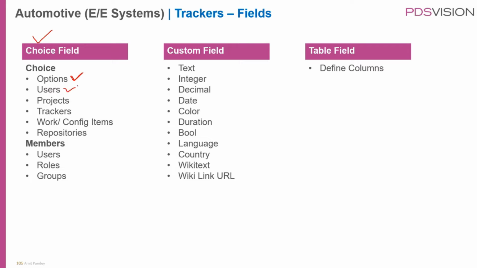You can have a user picker, a project picker, a tracker picker. You can also have work items. This is what we use for building traces. If you want to build any custom trace, you leverage these choice fields.